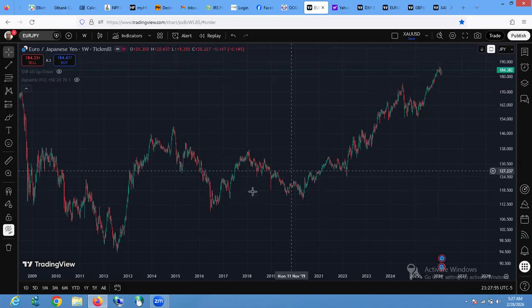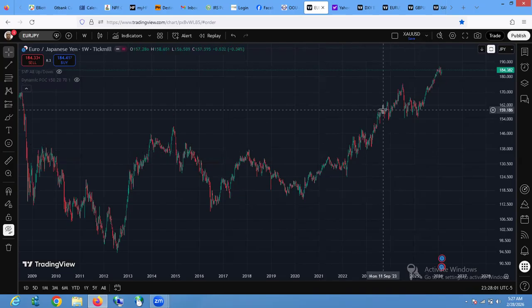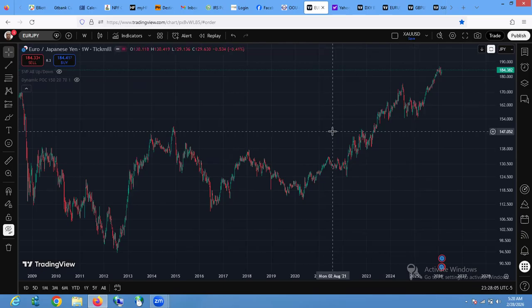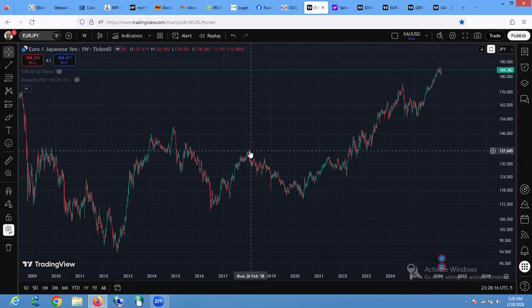Now, within this C wave, we want to know if it's completed or not, because we are going to stay with this Euro JPY and make the most of it as it's progressing. Within this C wave, either third wave or C wave, we expect a 1, 2, 3, 4, 5 formation. So this is the first wave, wave 1 and wave 2.